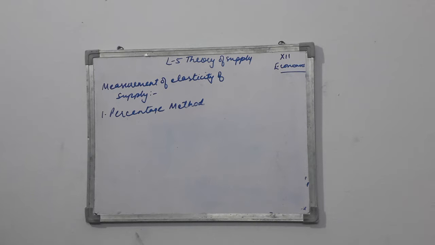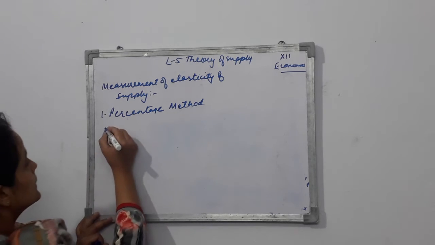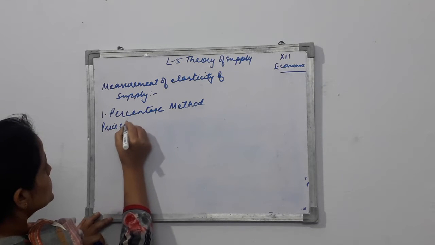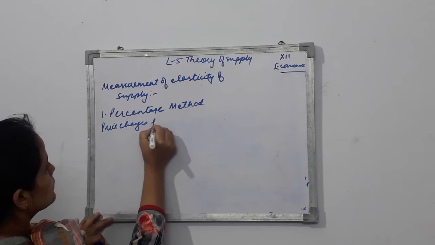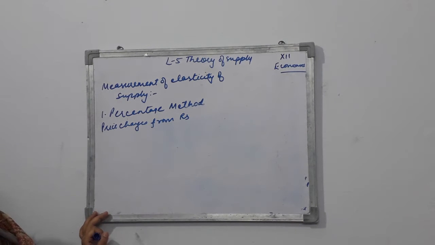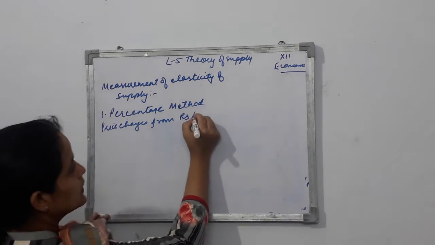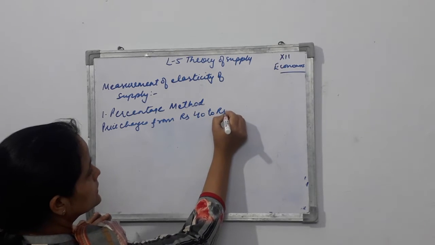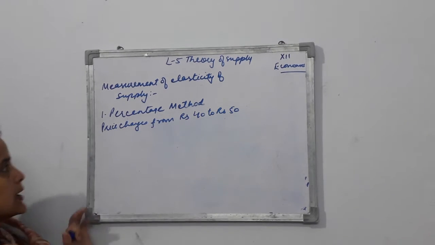What they are saying is, the price of a ball point pen increases from rupees 40 to rupees 50. We are just taking an example.